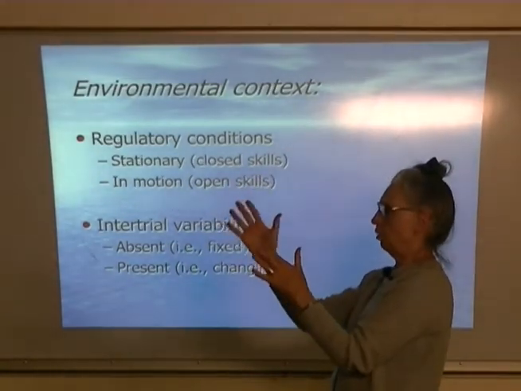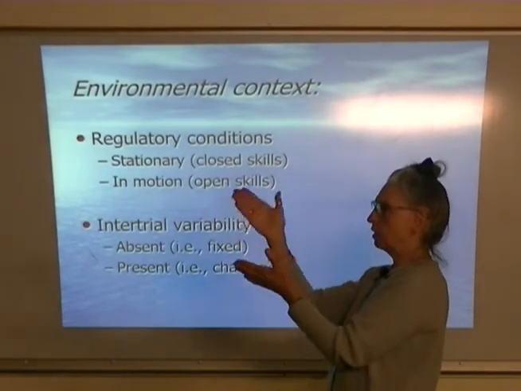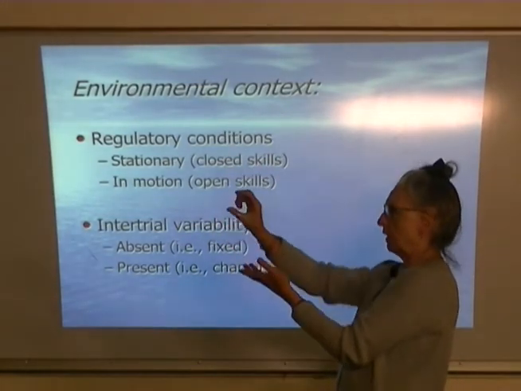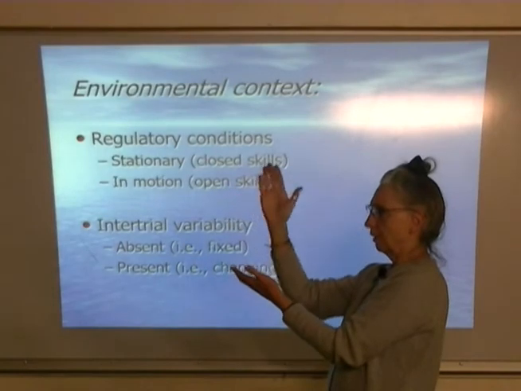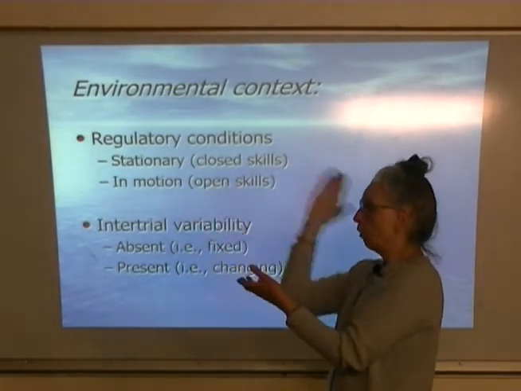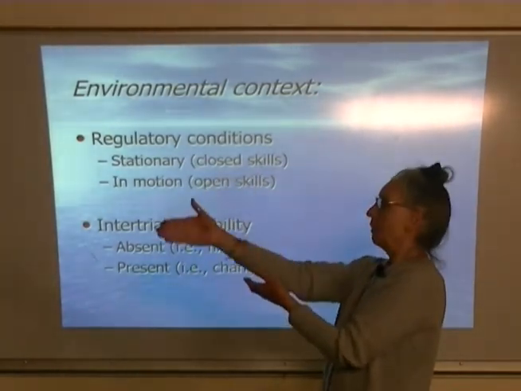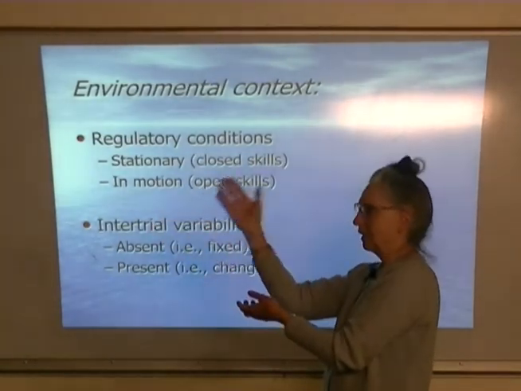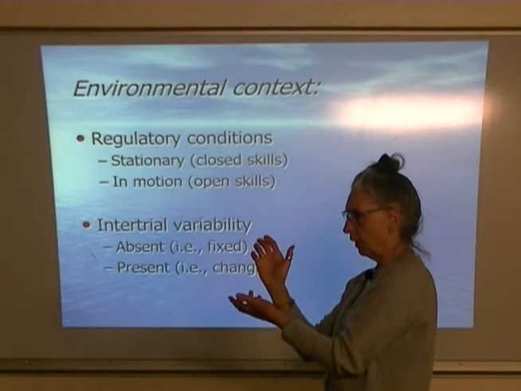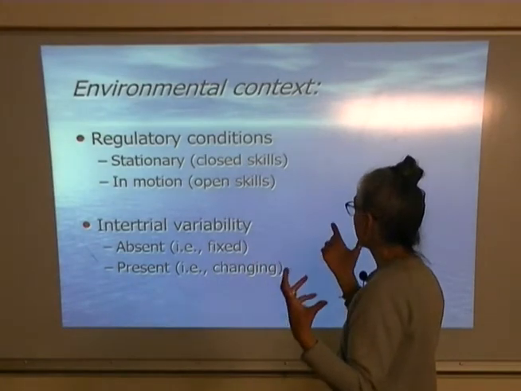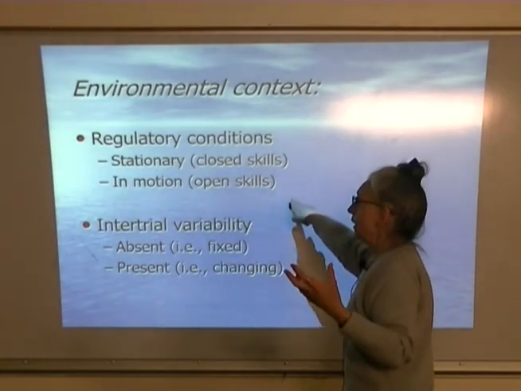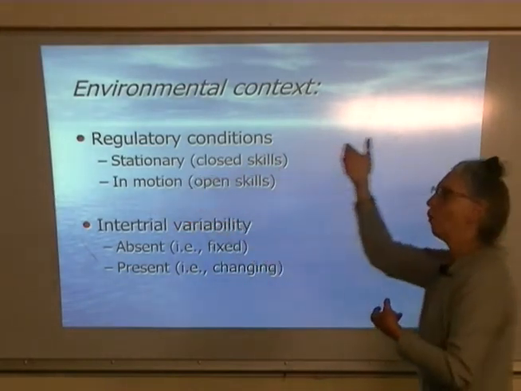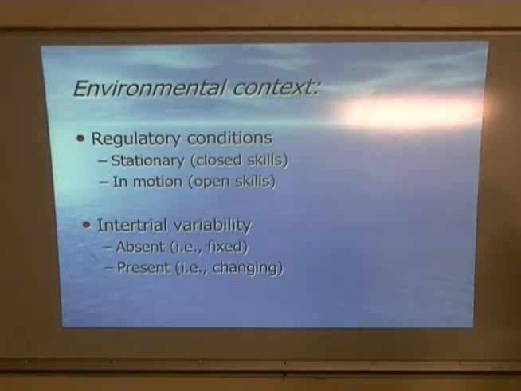But let's assume I have it set on just one level, so the ball is going to come out at the same speed in the same place every time. Again, it's in motion because the ball is moving, even if I'm standing still.